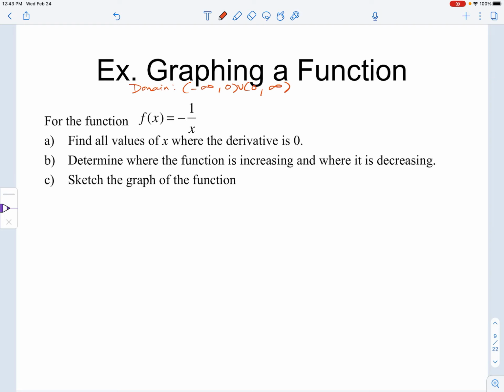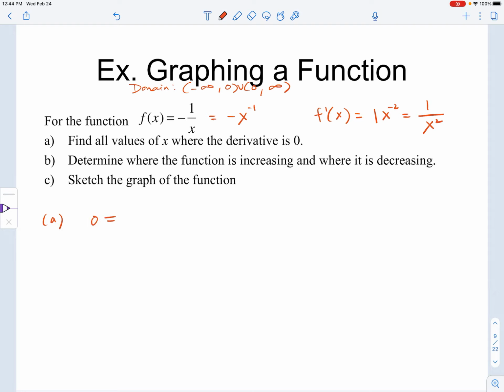I'm just pointing that out. The other two functions we were looking at were polynomial functions whose domain was all real numbers. To find the derivative of -1/x, I'm going to rewrite it as -x to the -1st power, so I can apply the power rule. So f prime will be 1 times x to the -2nd, which is 1/x squared.